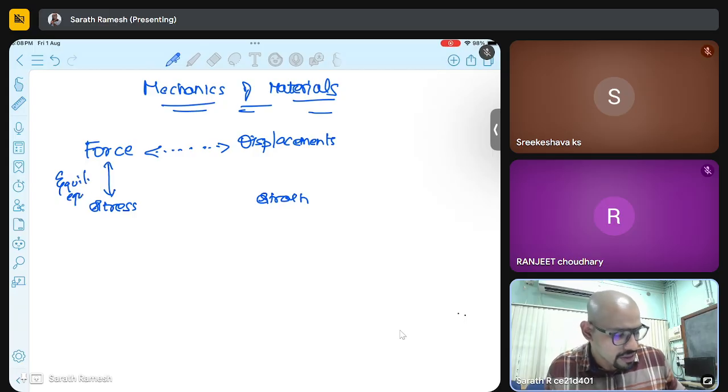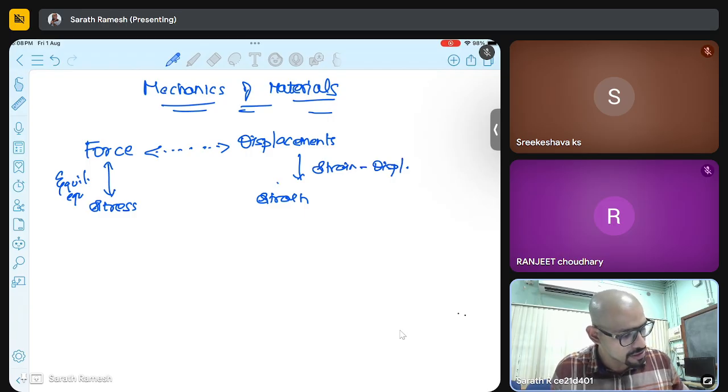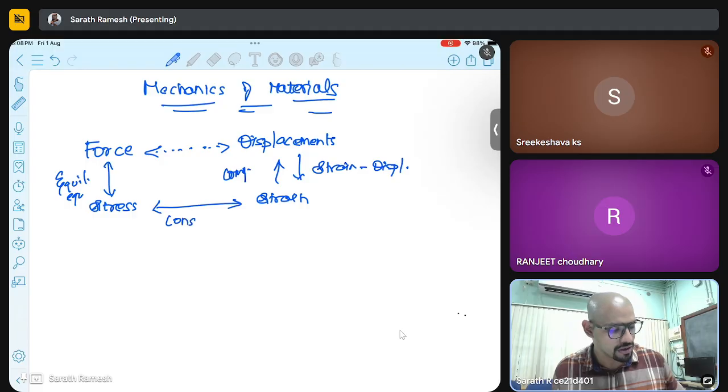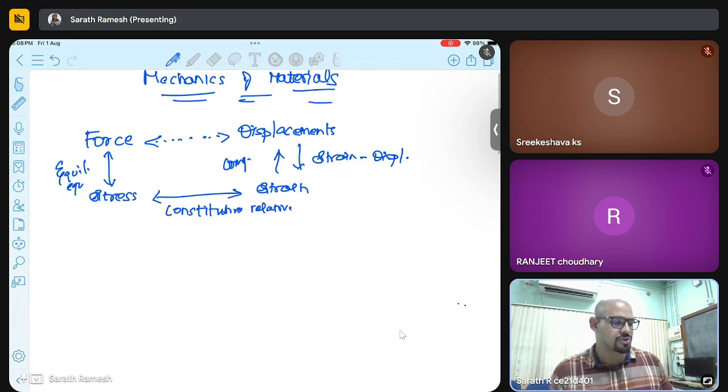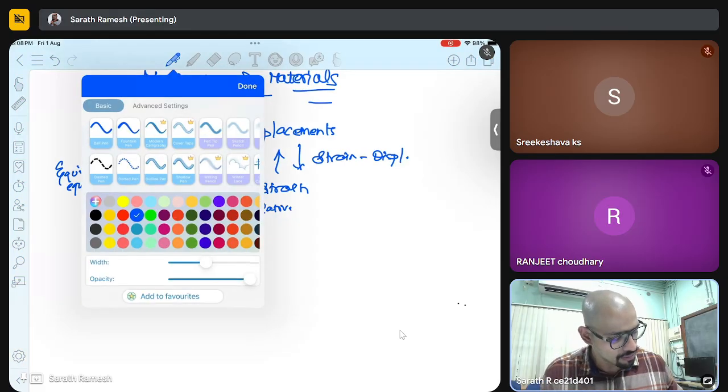The relation between displacement and strain we call the strain displacement relation, and the relation from strain to displacement we call the compatibility condition. The last link, between stress and strain, we call the constitutive relation. So these are the basic tenets of mechanics of materials. This week we'll look at each of them one by one.